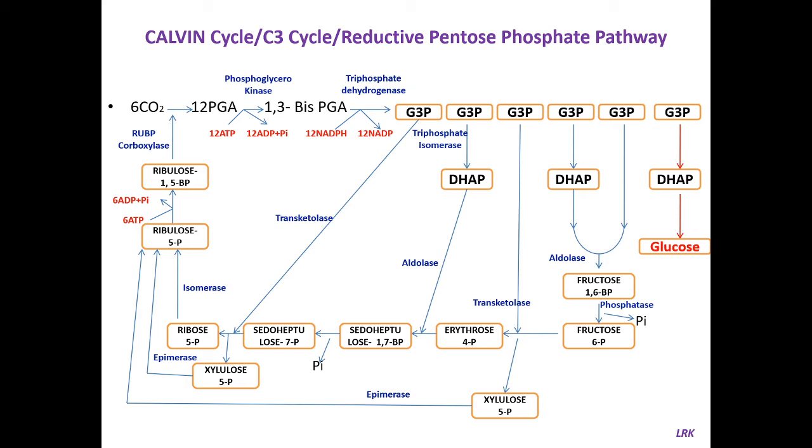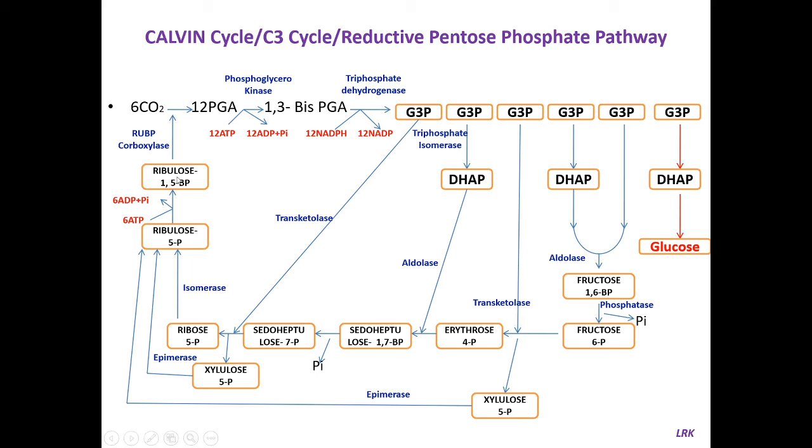Removal of phosphate by the enzyme phosphatase results in fructose 6-phosphate. Later on, this fructose 6-phosphate is converted to glucose 6-phosphate. So the formation of glucose takes place in the cytosol, that is, the cytoplasm. Okay, so this is how carbon dioxide is fixed into a glucose molecule.